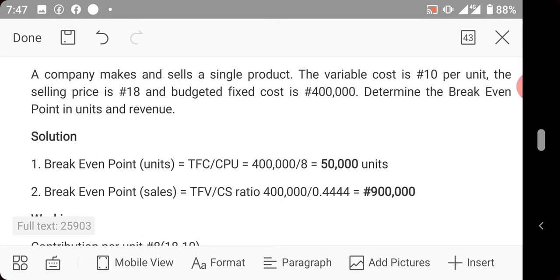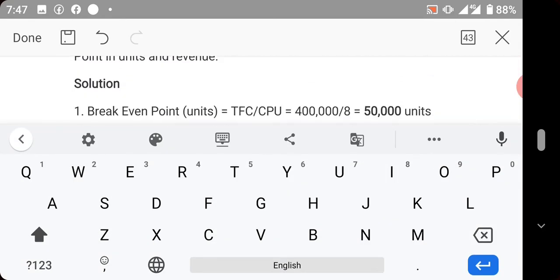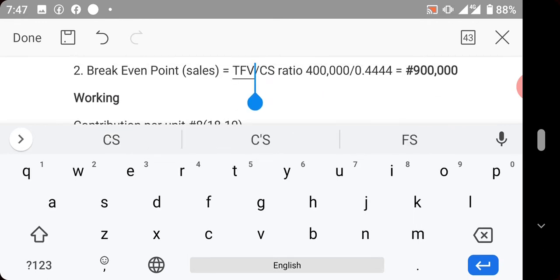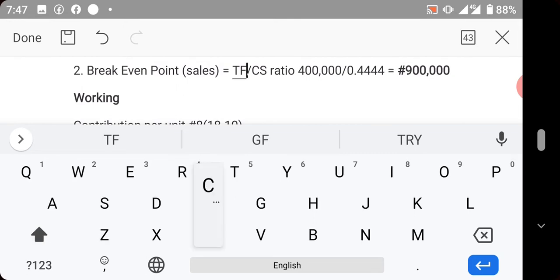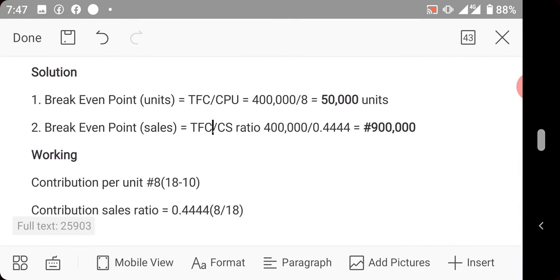Now for break-even point in sales, total fixed cost divided by contribution sales ratio, which is 400,000 divided by 0.444. Now, how do we get our contribution sales ratio?